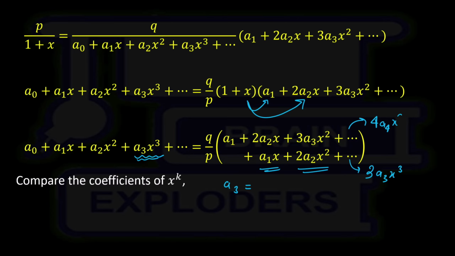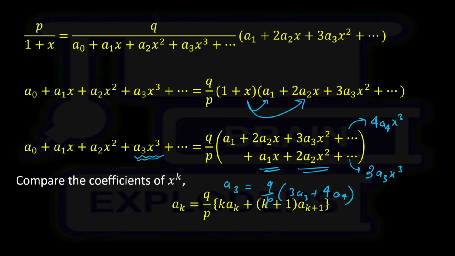present over there, right? So we can write a3 equals to, more precisely, q by p times 3a3 plus 4a4. Okay, in this way we can compare all the coefficients.